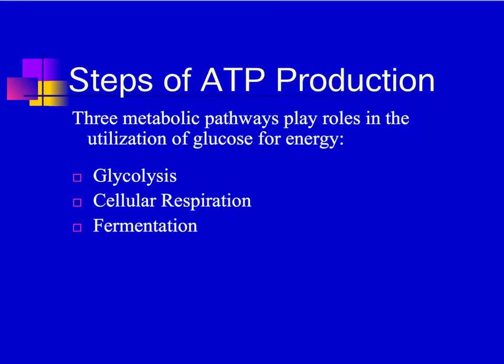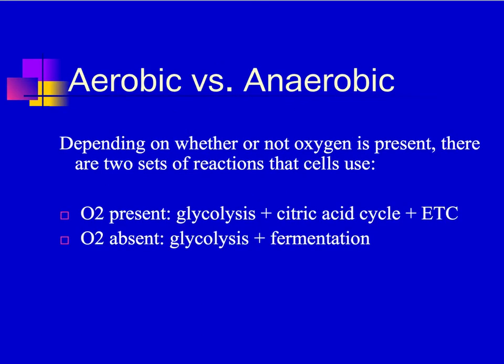There's 3 metabolic pathways that are used in breaking down glucose for energy, and you should be familiar with these from doing your posters last week: glycolysis, cellular respiration, and fermentation. Depending on whether there's oxygen or not, we will have either aerobic when oxygen is present or anaerobic when oxygen is not.